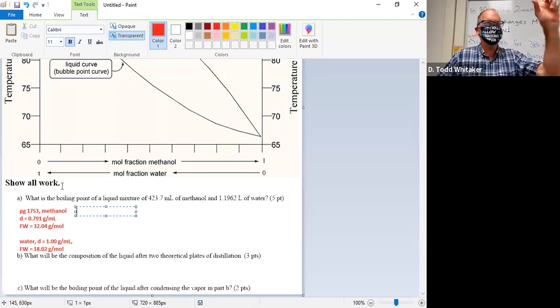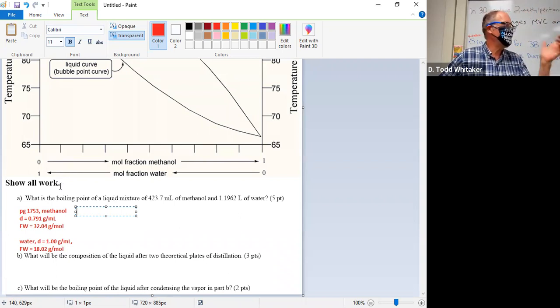You got to do moles of substance 1, which is methanol, moles of substance 2, which is water, and mole fraction is moles of substance 1 over total moles. That's mole fraction for one substance, and mole fraction for the other substance. You can do 2 ways. 1 minus the answer you just figured out, or moles of substance 2 divided by total moles. They'll give the same result. So methanol we're doing right now. The amounts you're given, 423.7 milliliters.